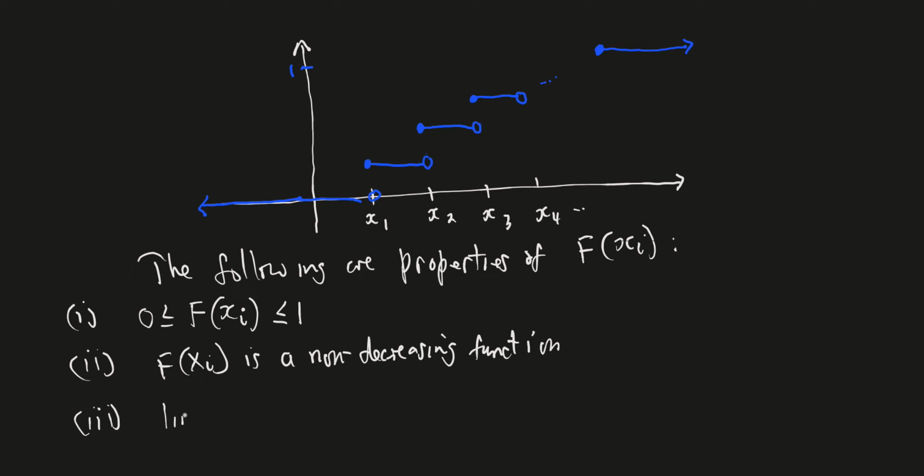If you take the limit as x goes to negative infinity of your CDF, eventually you will hit 0, right? It might happen here, or it might happen somewhere further to the left, but if you let your x approach negative infinity, then your CDF has to approach 0, right?